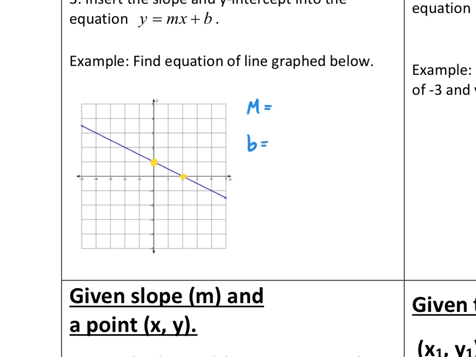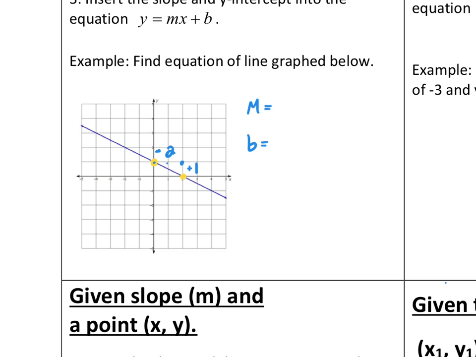Well, step number 1 is to count. Remember, I always start at the lowest point, so I'm going to count up to get even, so that's 1. But I went up, so that's the positive direction. And then I've got to count over. It's 1, 2. So it is 2, and that is in the negative direction.